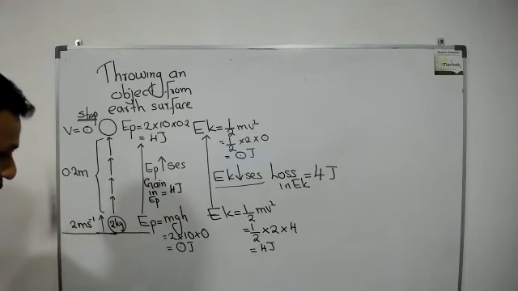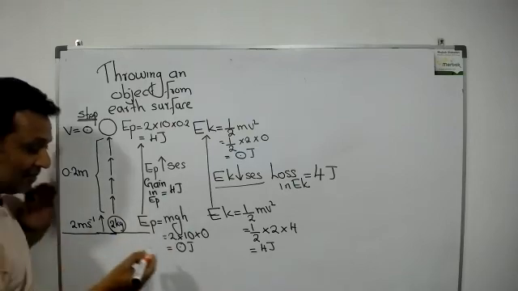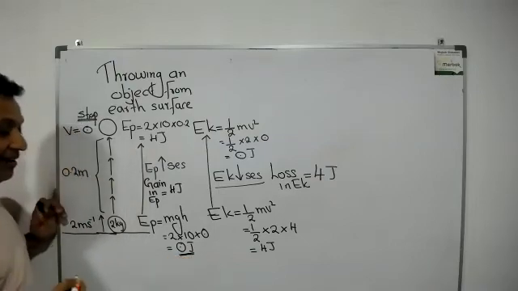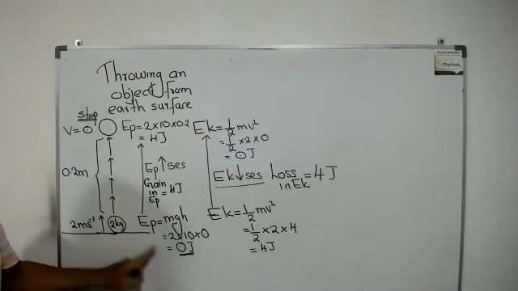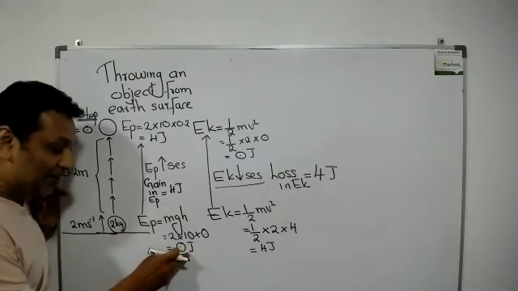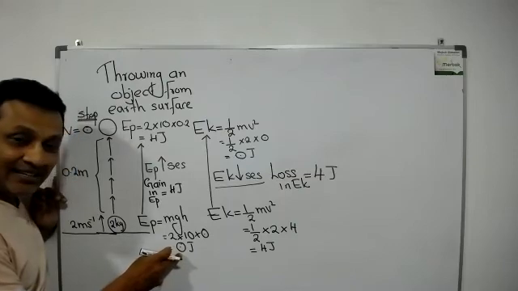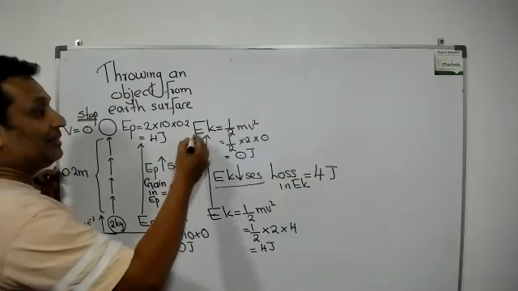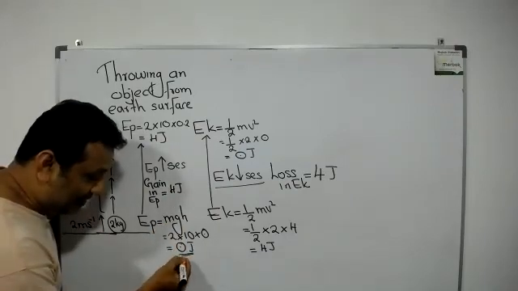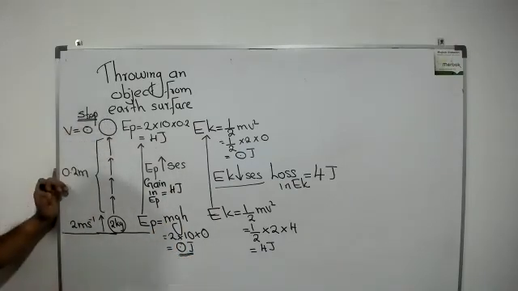The first thing I have to prove is, in the beginning, what is the kinetic energy? The three things I have to prove here. In the beginning, what is the kinetic energy? 0. In the beginning, what is the potential energy? 0.